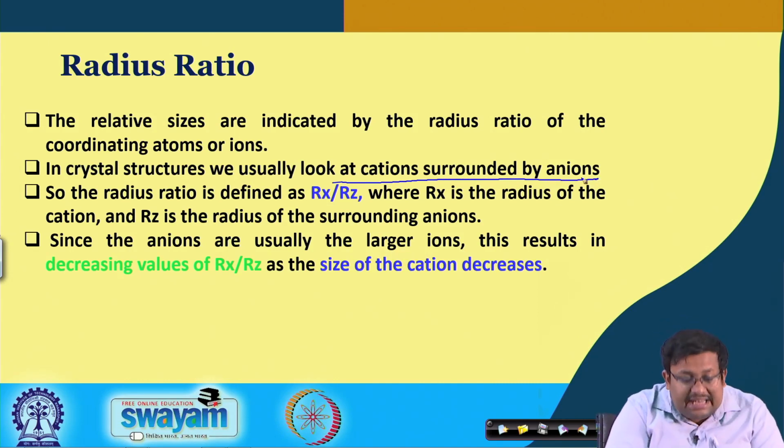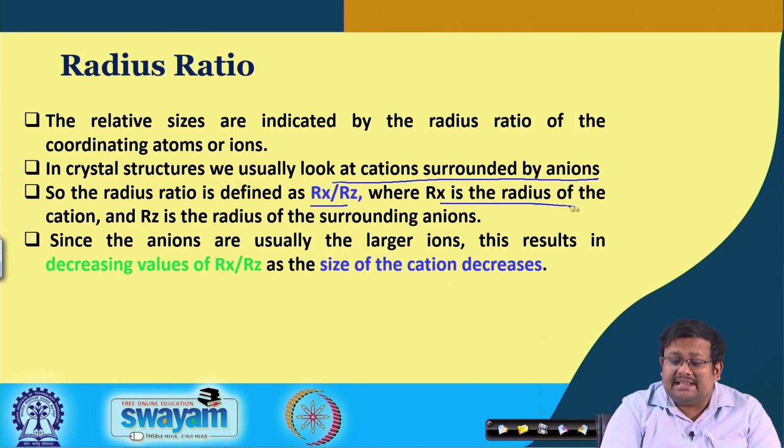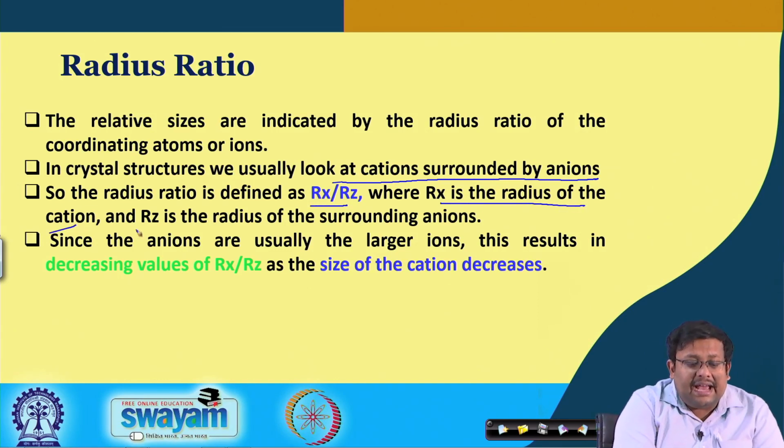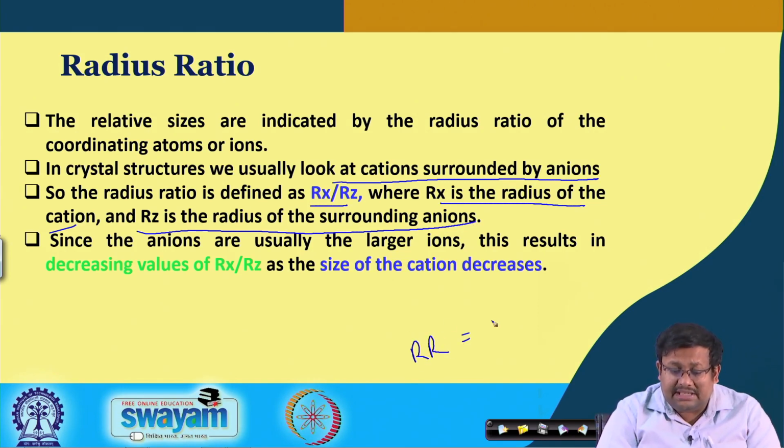So, the radius ratio is basically defined by Rx by Rz, where Rx is the radius of the cation and Rz is the radius of the surrounding anion.